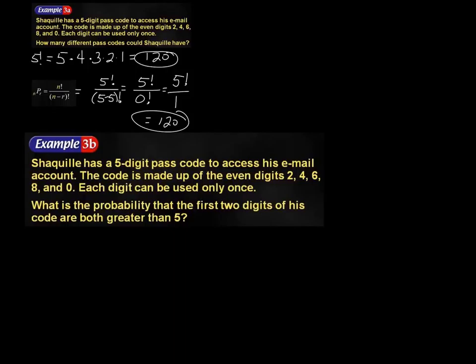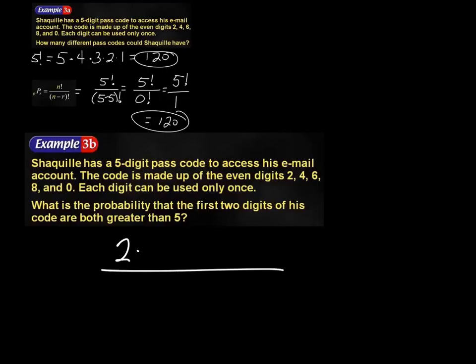Same problem. They want to know what is the probability that the first 2 digits of his code are both greater than 5. Well, of his digits greater than 5, there are only 2 of them. In our numerator, the choices are either the 8 or the 6.